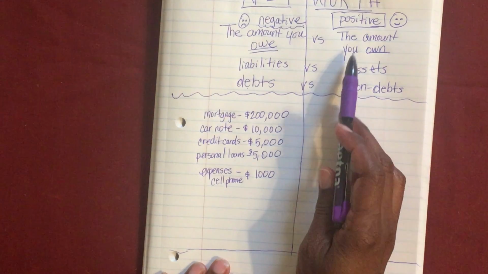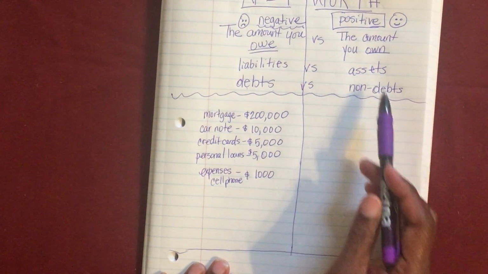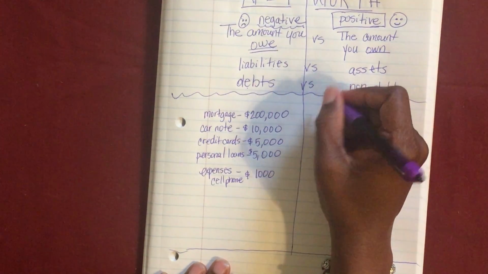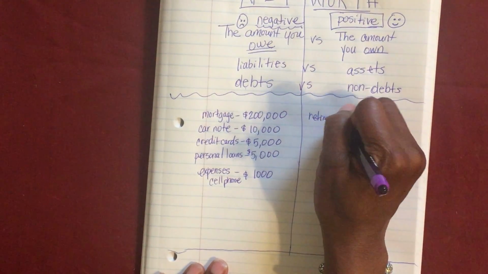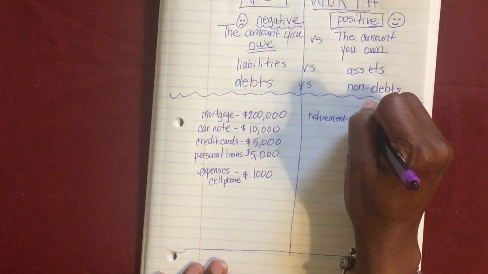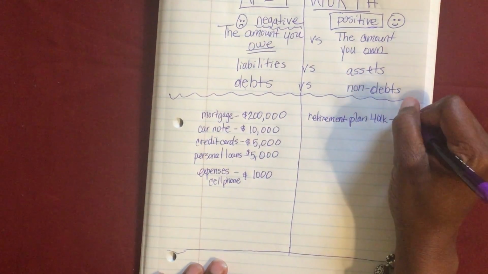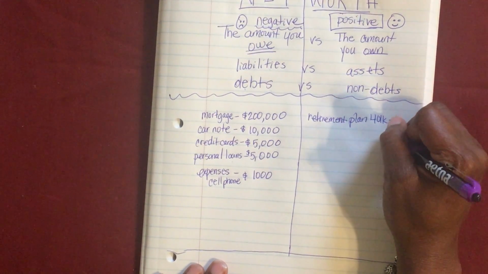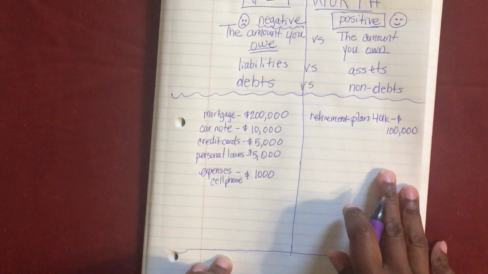Now, let's go over to the assets or non-debts. You may have items like a retirement plan or 401k. All right. And let's say that you have $100,000 in your 401k.